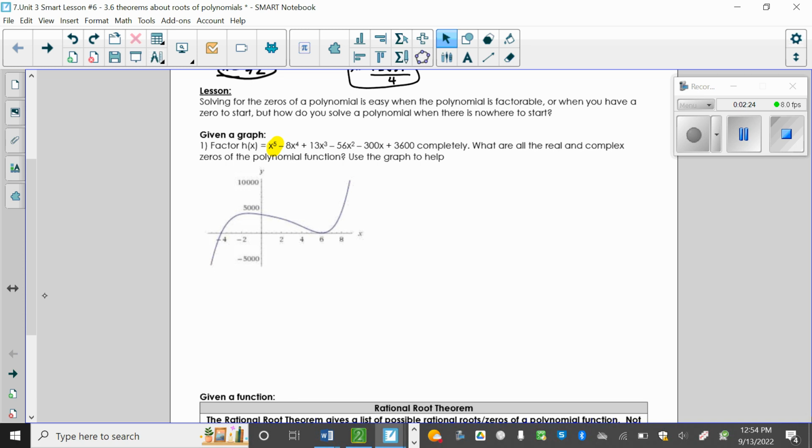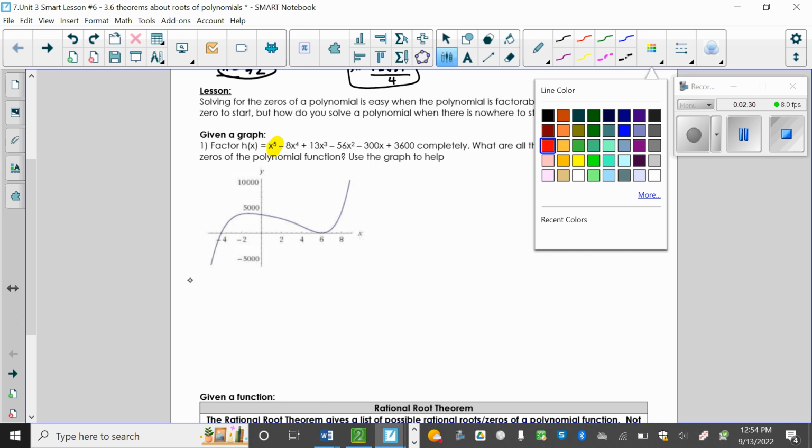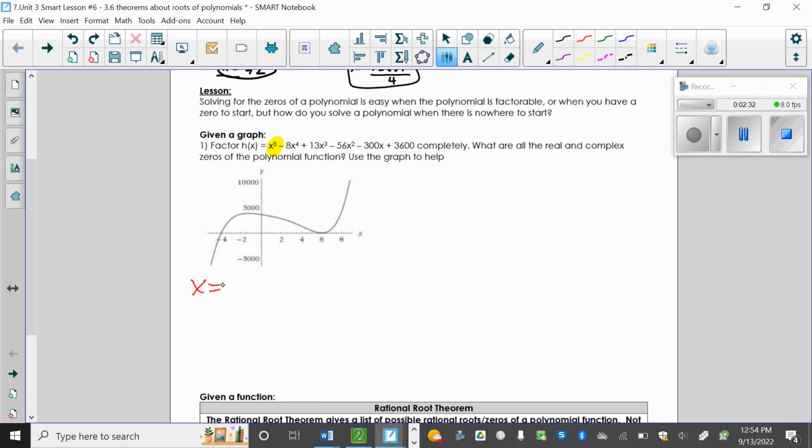Right away from this graph, I'm able to pull some information. I know that x equals 6 is a root of this polynomial with a multiplicity of 2, and x equals -4 is a root with a multiplicity of 1.